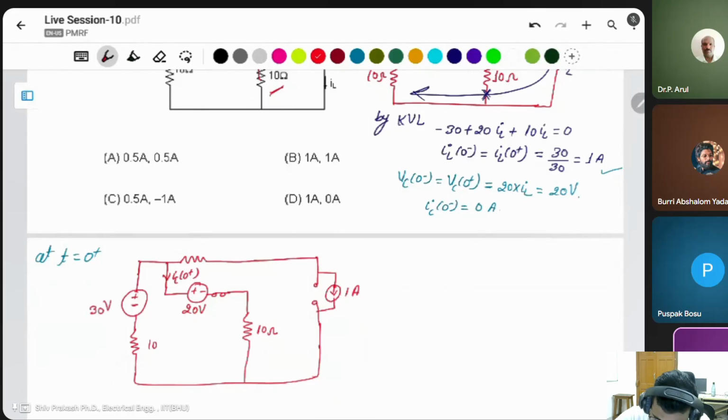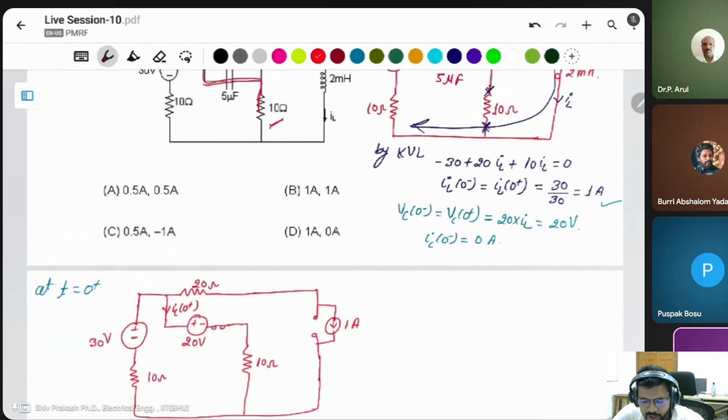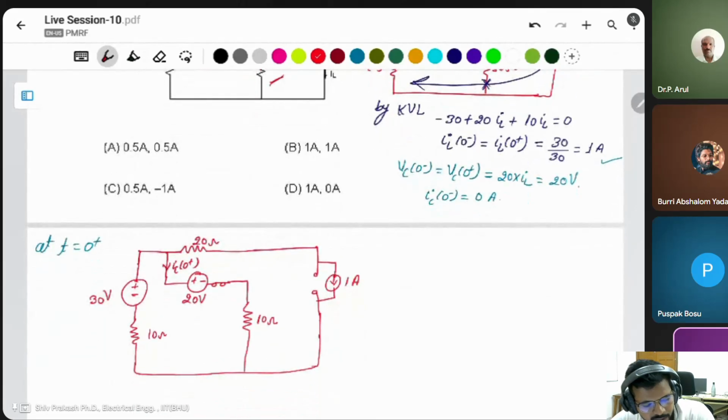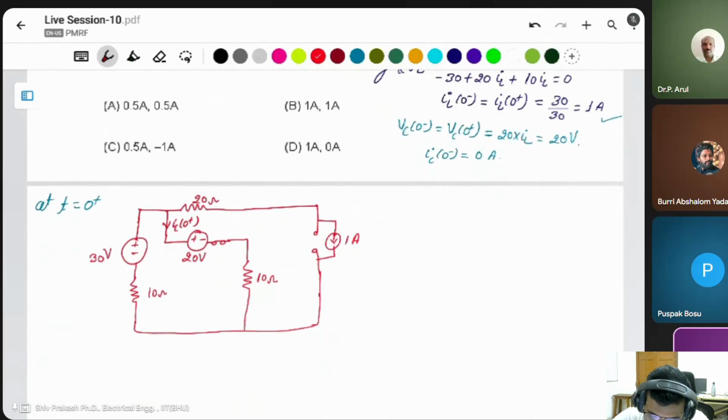This resistor is 10 ohm and this resistor will be 20 ohm. Now you have to find the capacitor current. This current is 1 ampere. This current is IC at 0 plus.